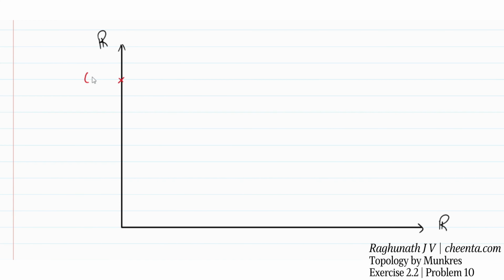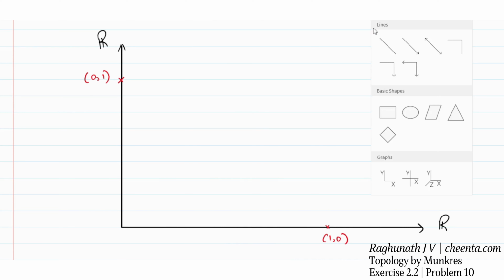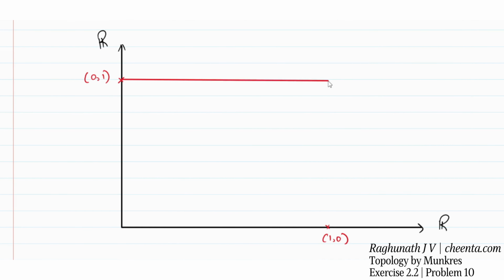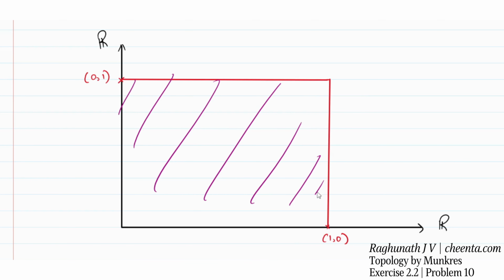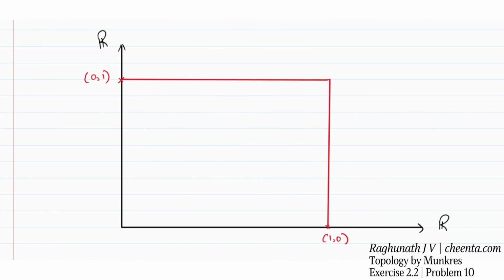So this point will be (0, 1), and this point will be (1, 0), and you will have to consider this segment and this segment, right? So this is your I cross I with the borders included. So borders are included. Let us remember that. The borders will always be included.